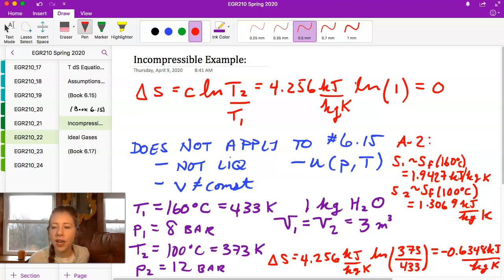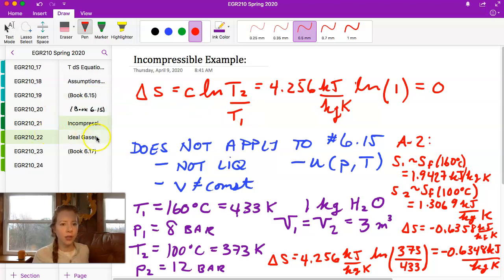And so if you take the difference, if you take 1.3069 minus 1.9427, you get delta S equal to minus 0.6358 kilojoules per kilogram Kelvin. So you get pretty close. So you could approach this problem either way.